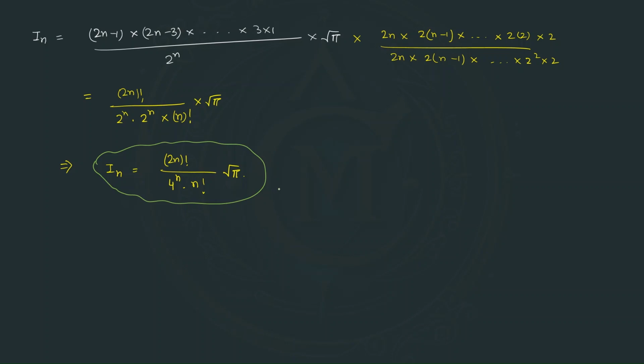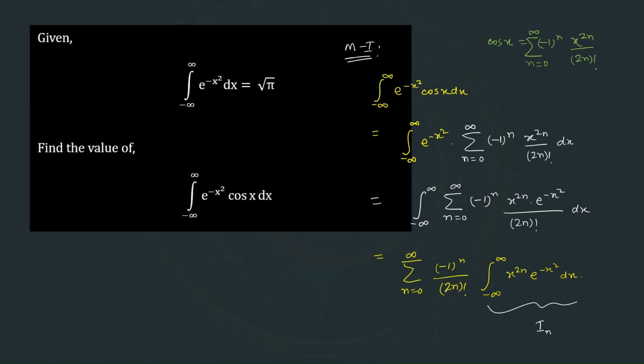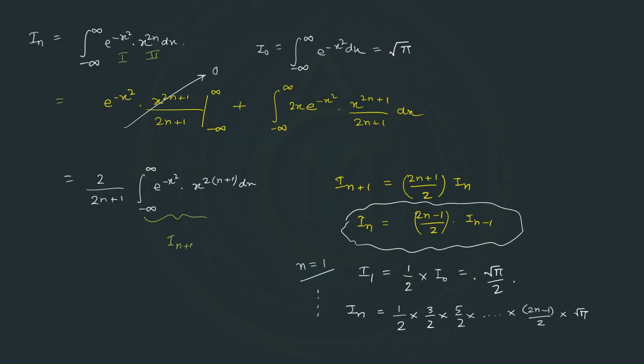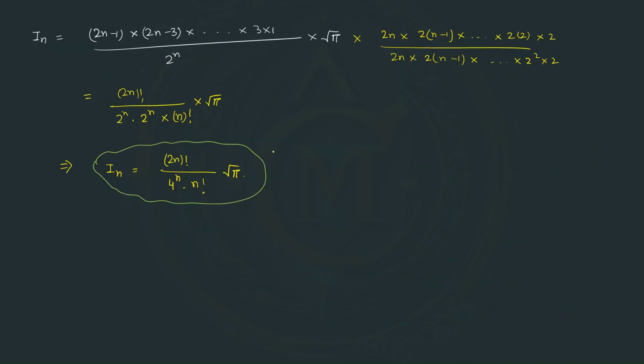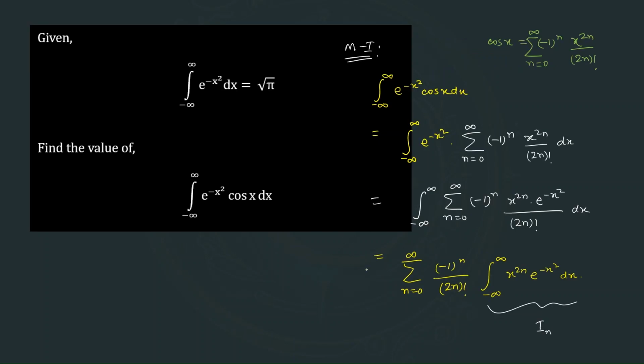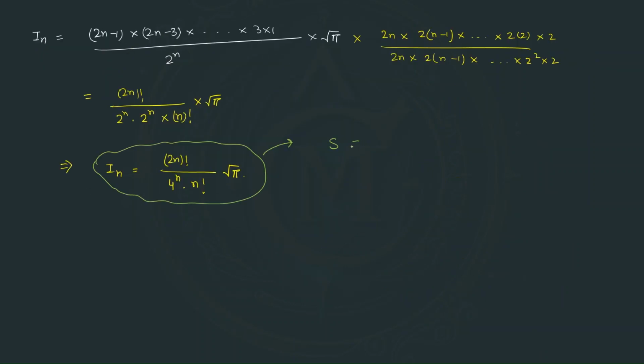Now we are going to substitute this value of I n in this integral, or rather in this summation. So we get our summation, let's call this S here, this S equal to this. So S will be summation n equal to 0 to infinity, then this minus 1 whole to the power n divided by 2n factorial times this I n. So I n is 2n factorial divided by 4 to the power n times n factorial.